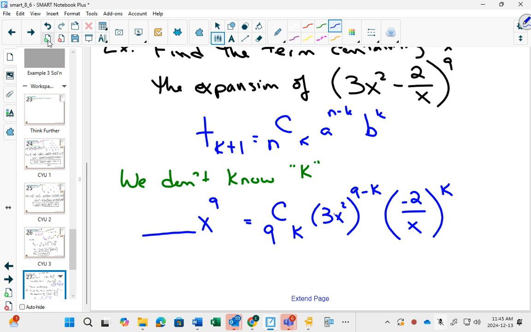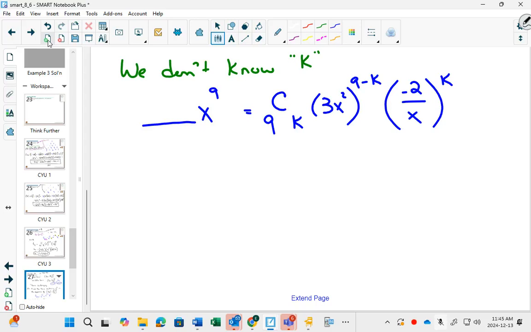And my only hint in the question was they told me it has an x to the 9. So I'm going to use that hint, and I'm going to think, I'll write this in green.